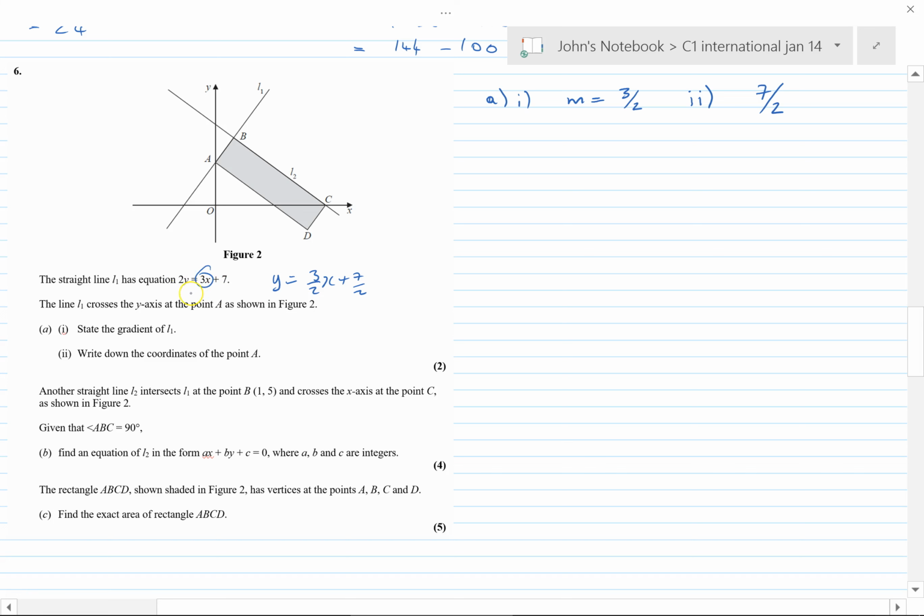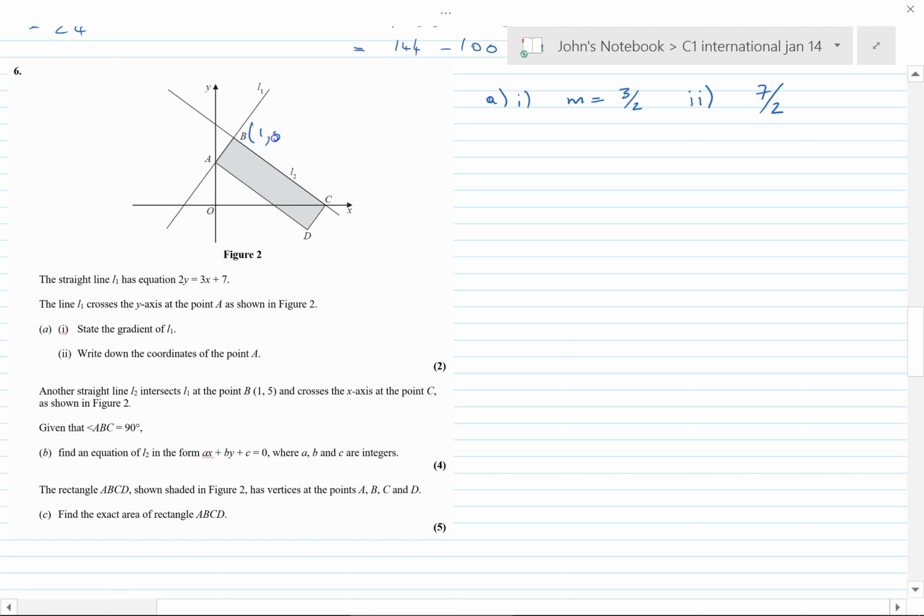I get 2y equals 7, which gets me to 7 over 2 also. Okay, so that's a couple of straightforward marks. If ever it says write down or state, that just literally means the mark is going to come for just writing the answer down.